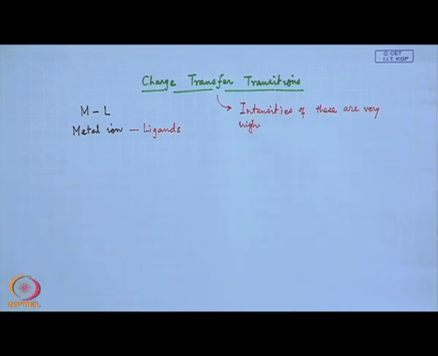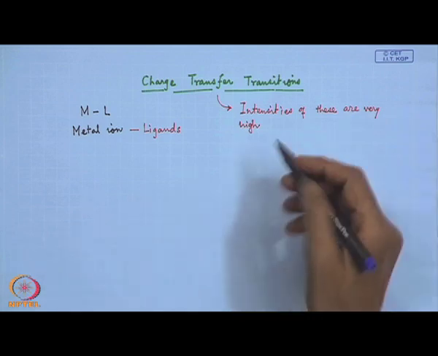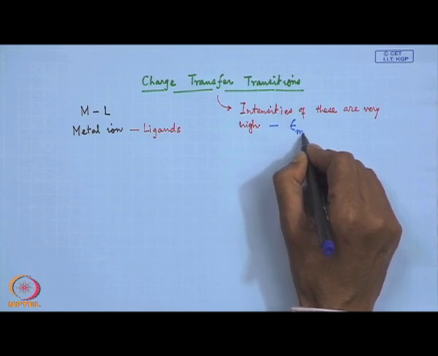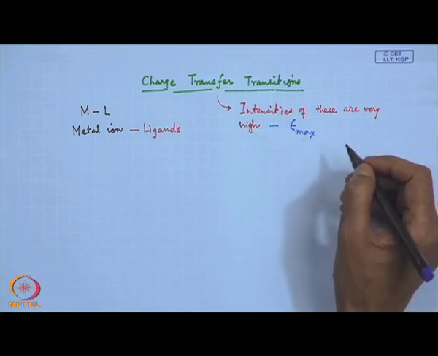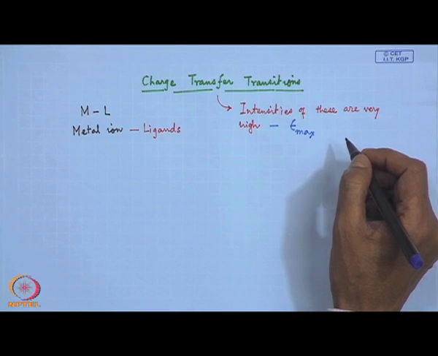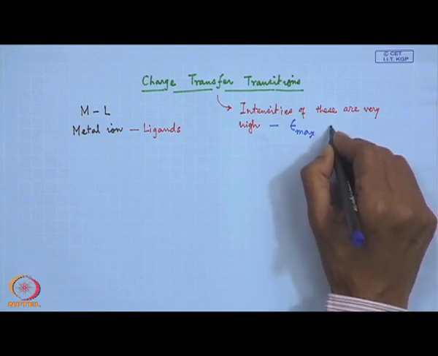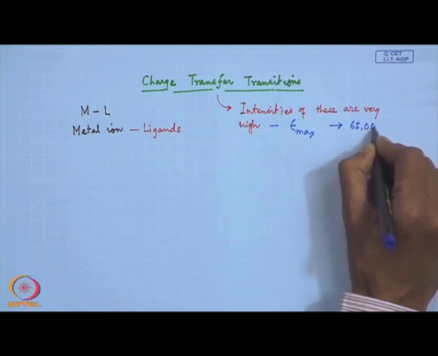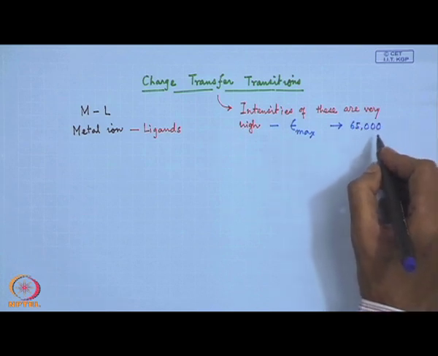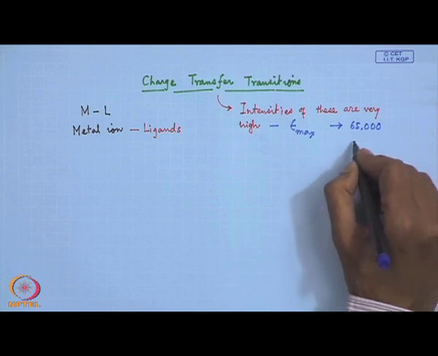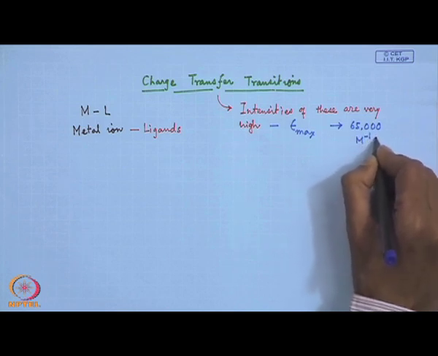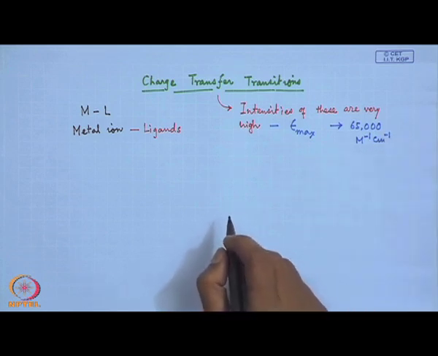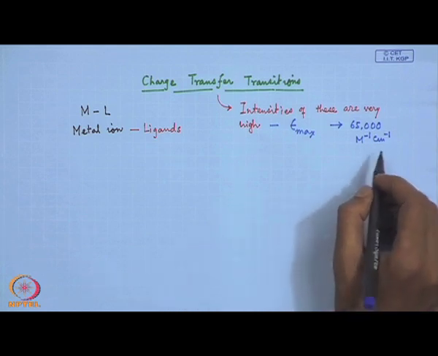And we have also seen earlier that the corresponding epsilon max, which is characteristic of these charge transfer transitions, can go up to say 65,000 or 50,000 or sometimes several lakhs of mole inverse and centimeter inverse, or liter mole inverse per centimeter inverse.